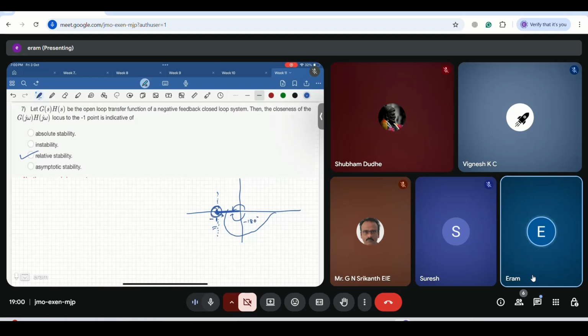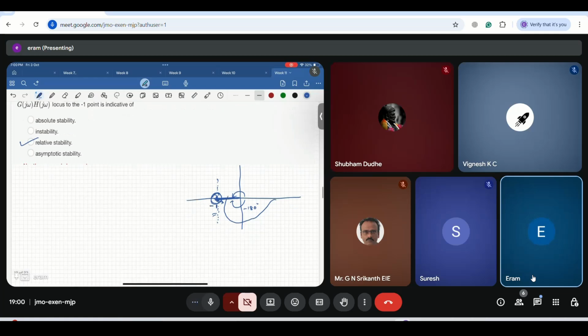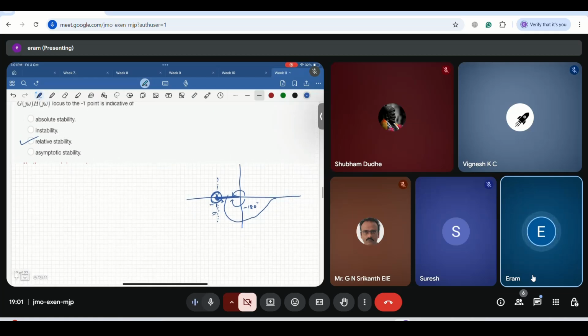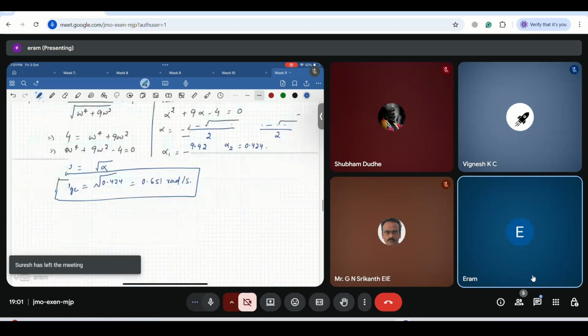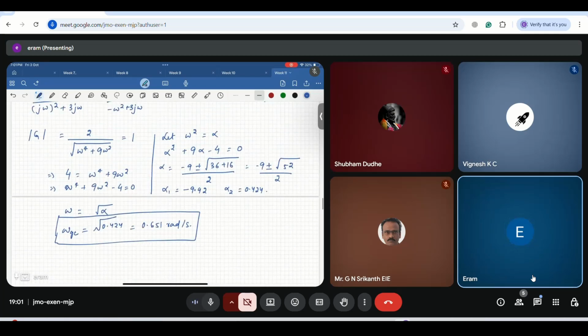So this point represents magnitude of 1 and phase of minus 180 degrees. And since it is a plot of varying frequency, that's why we have characterized this as gain crossover frequency and phase crossover frequency.